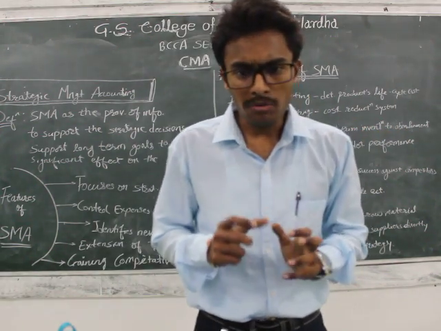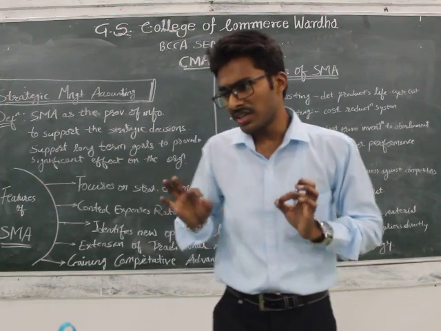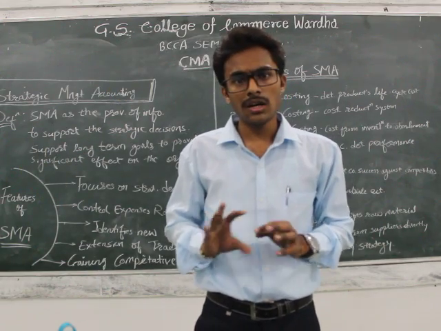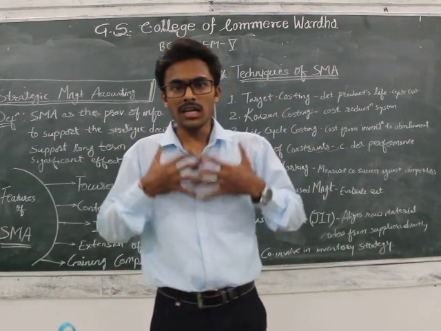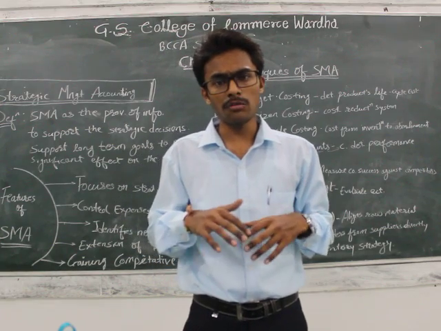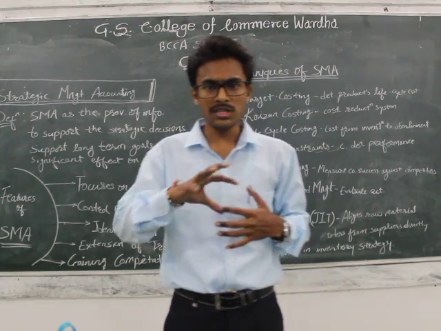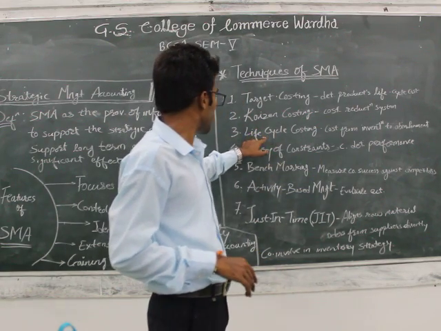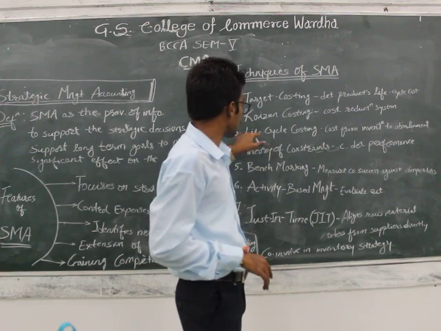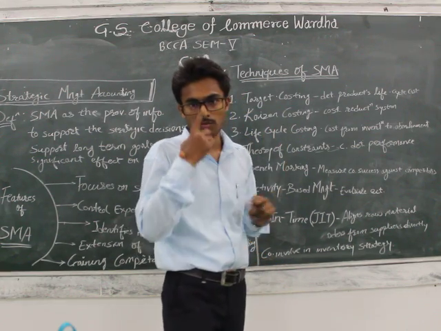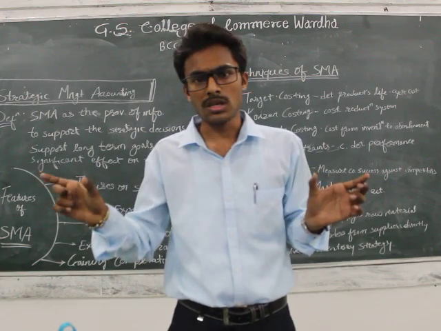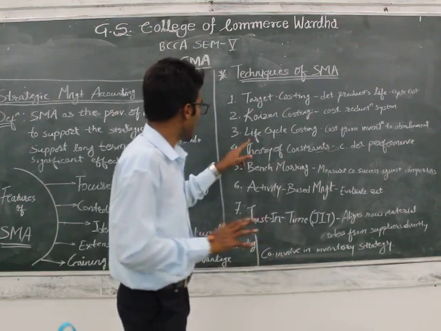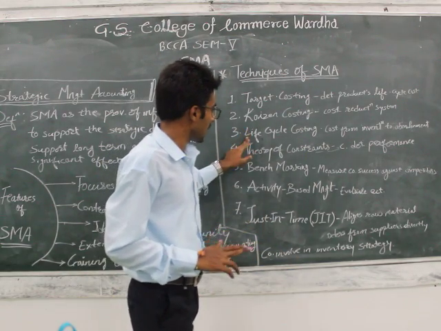That means from the invention of a particular product till the selling or consumption of the product, the expenses the company has incurred for that particular product can be calculated in this costing system, in the life cycle costing system. From the invention till the use, whichever expenses are covered by a company can be calculated by this costing system.